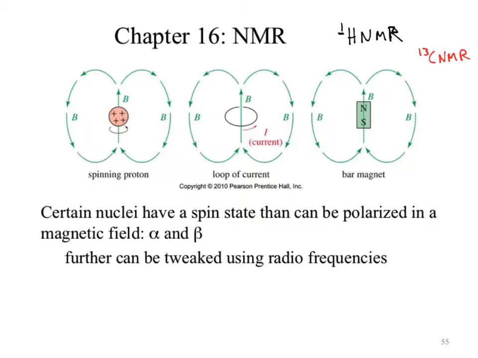All right, the next layer on top of this. Hydrogen's a magnet. In an individual sample, how many hydrogens are there? Probably more than one, right? What if those two get close to each other? Will those 2 magnets affect each other? Yes.